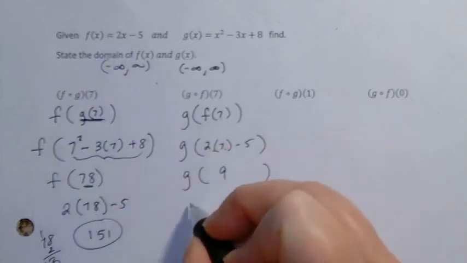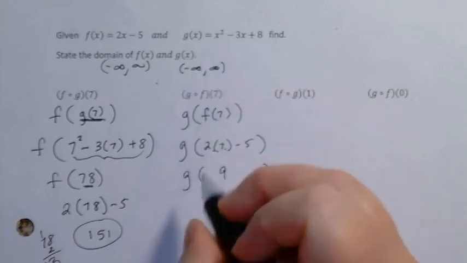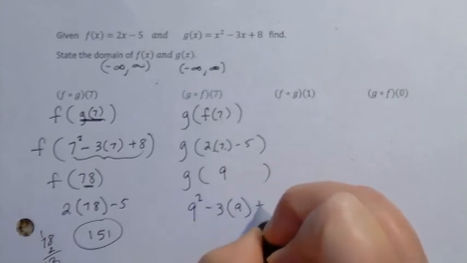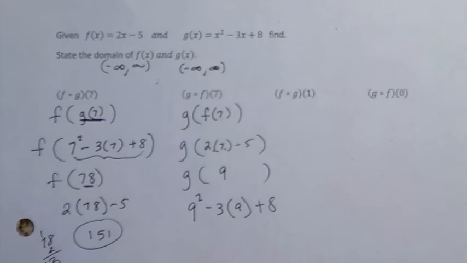So now I've got to find g of 9. So I'm going to put 9 into the g function. So 9 squared minus 3 times 9 plus 8. So I get 81, subtract 27, add 8. 81 subtract 27 is 54, and 54 plus 8 is 62.